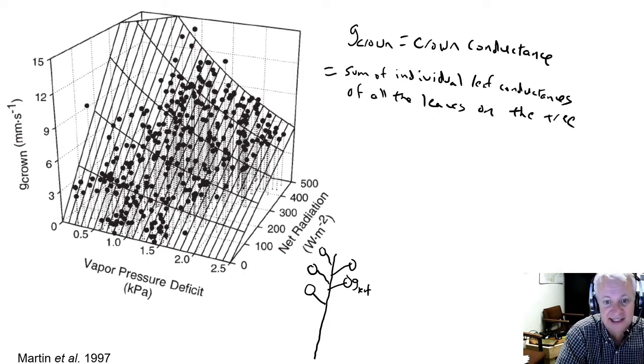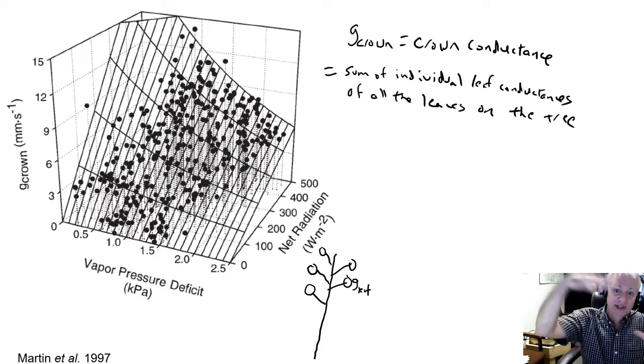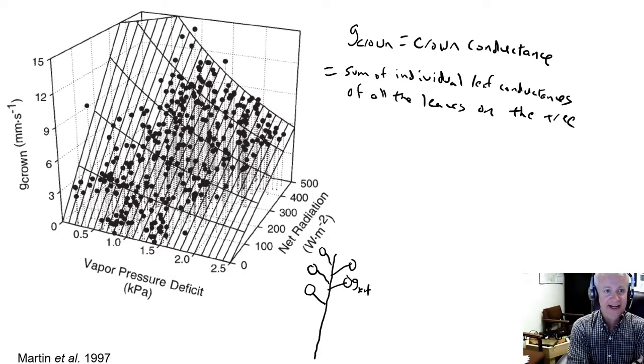It's essentially the stomatal conductance of that leaf. Recall that conductances in parallel, or resistances in parallel, are additive as conductances. So if you just take the conductance of these individual leaves and add them up, that will give you the total conductance for that tree.